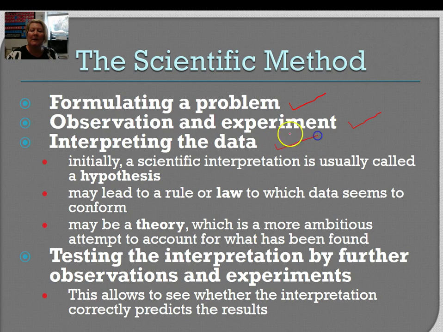And initially, a scientific interpretation may become a hypothesis, and upon further testing, the hypothesis may be elevated to a law or a theory. This process is ongoing, even though you may have a theory or law. As the scientific world changes and new information becomes available, theories can occasionally be overturned.